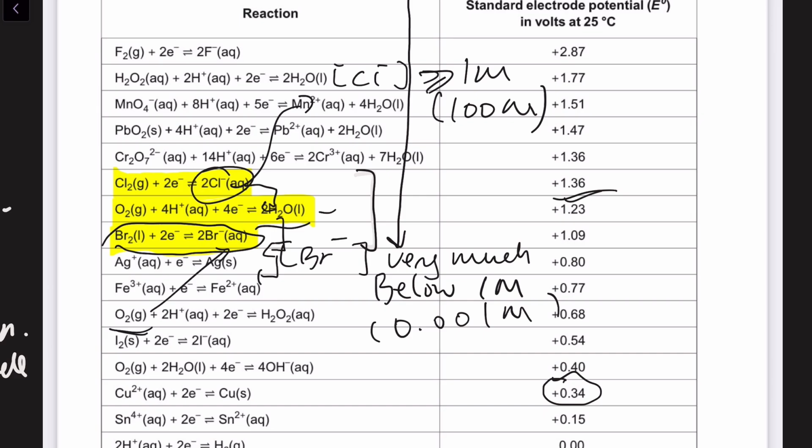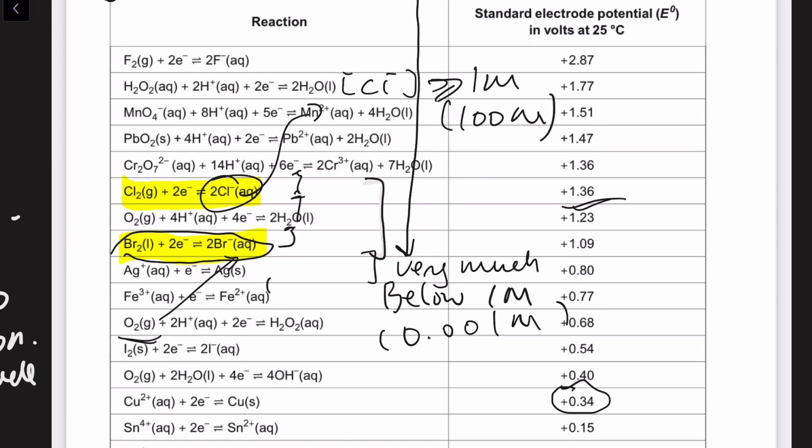Conversely, if something has very low concentration, it can move up the rank, so it becomes harder and harder to do. When the concentration becomes negligible, it is almost impossible to reduce or oxidize this particular species. And in the exam, they will ask you questions like, we have both bromide ion and chloride ion in our system, but why do we see a production of chlorine gas?